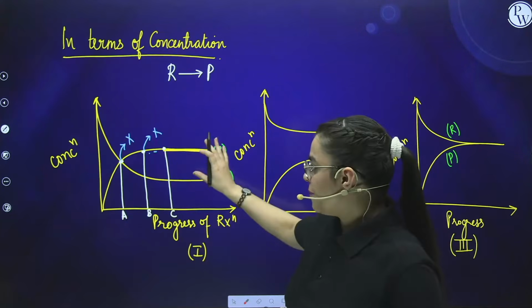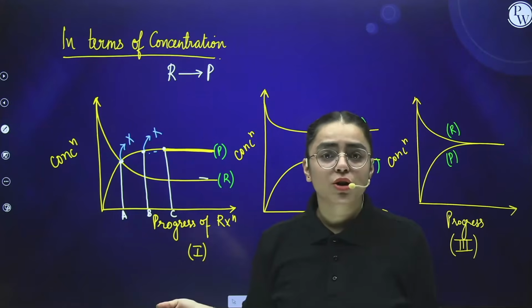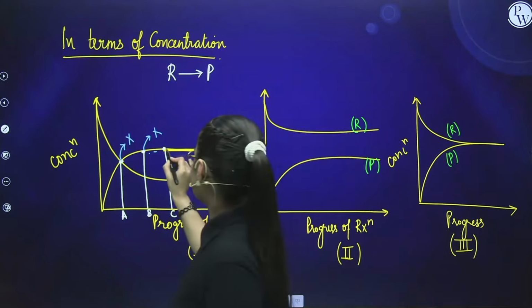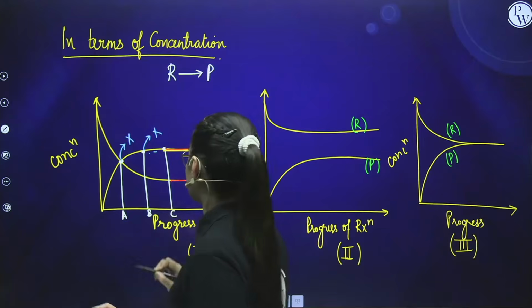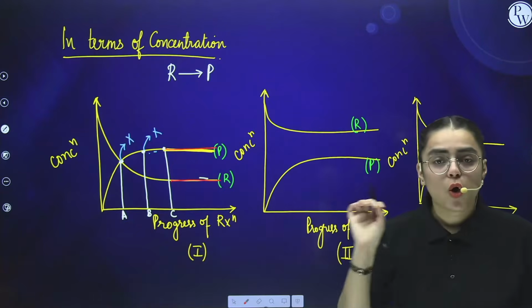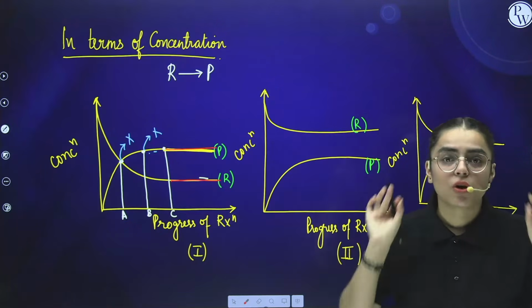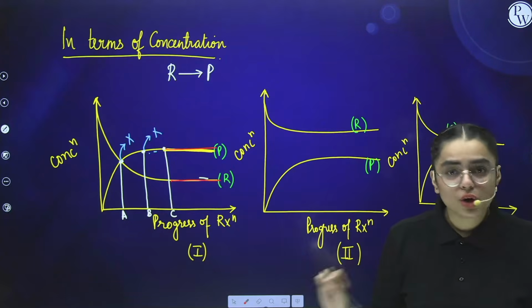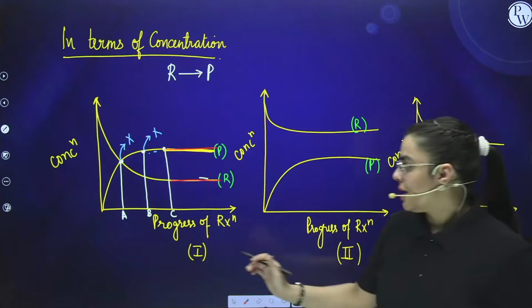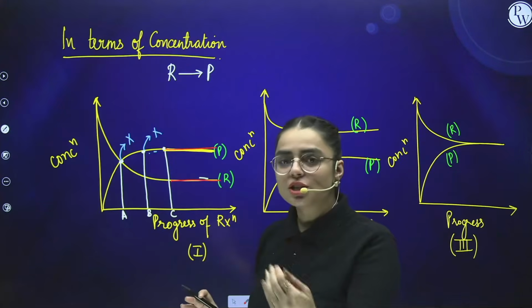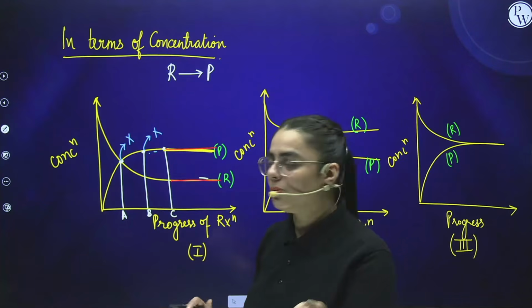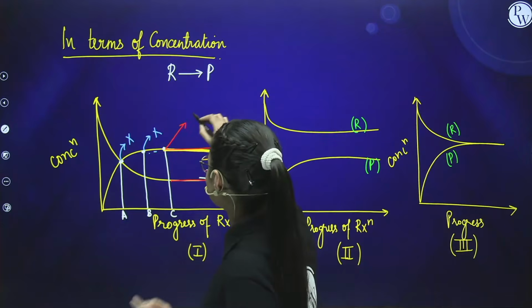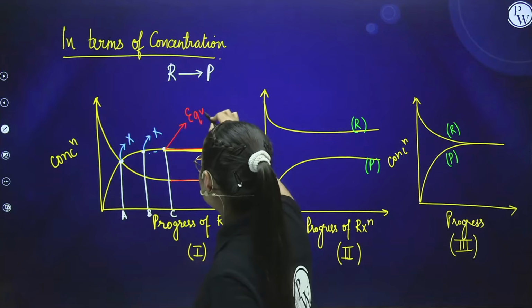Whether I am talking of reactant or product, in both situations this is a still situation. It is not increasing or decreasing after C point. That means the point at which there is no increase, no decrease is a constant situation. Whenever the concentrations are constant, it is an equilibrium state. Hence, I can say that yes, here equilibrium is attained.